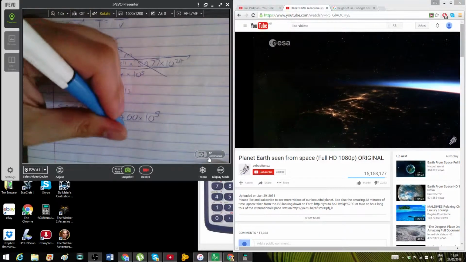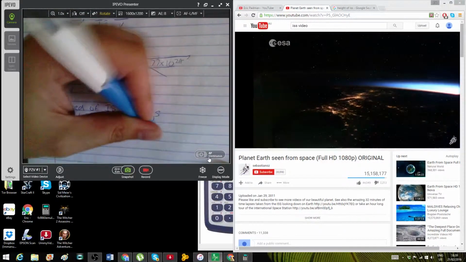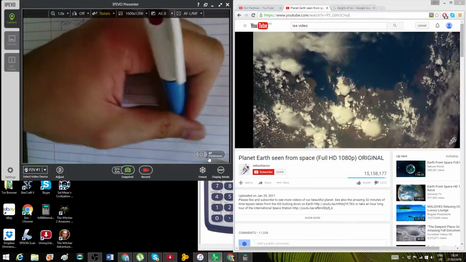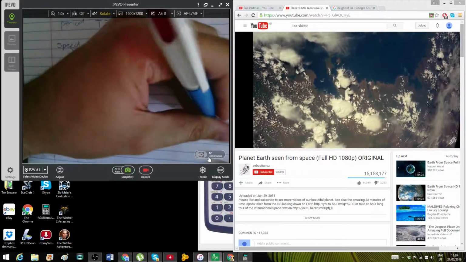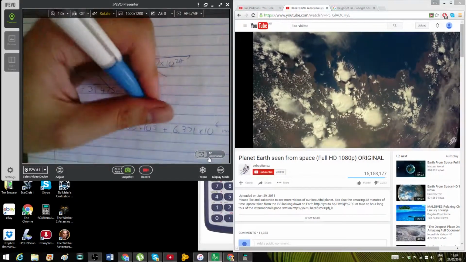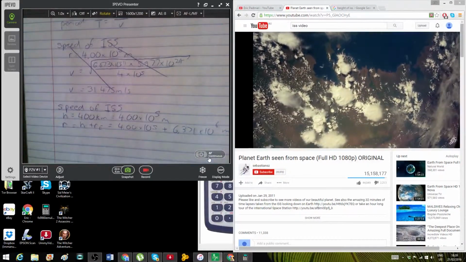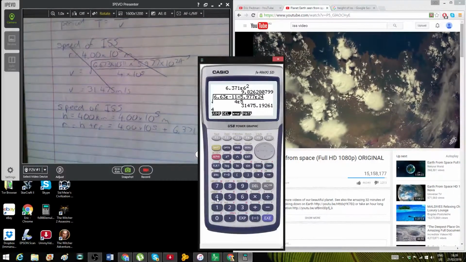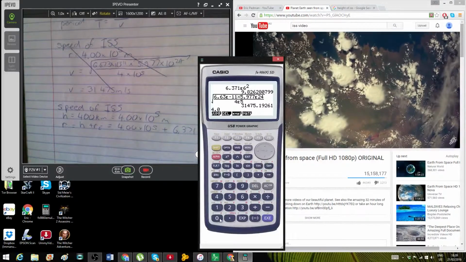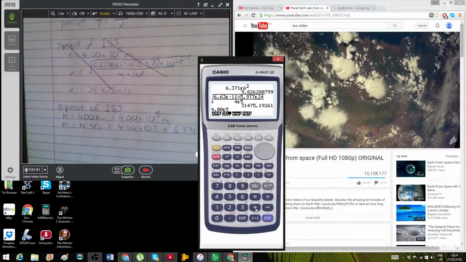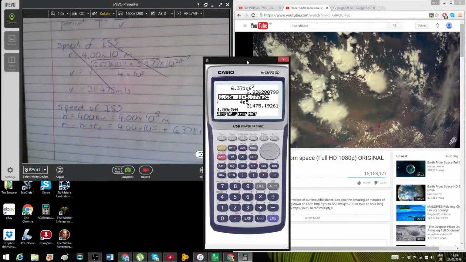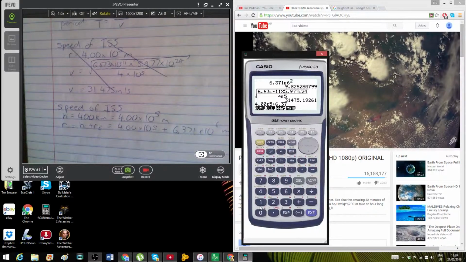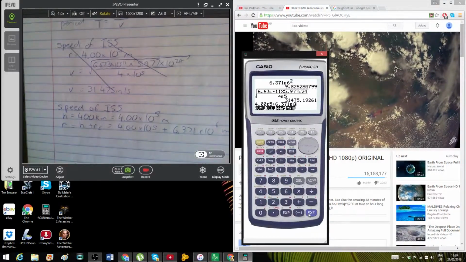So we've got 4.00 times 10 to the 5 plus 6.371 times 10 to the 6 meters. Let's work out what that is first, and then we can put it into the equation. 4.00 E5 plus 6.371 E6.